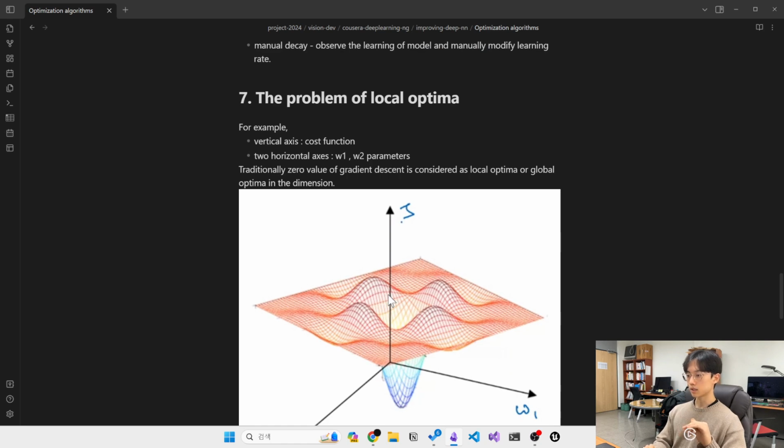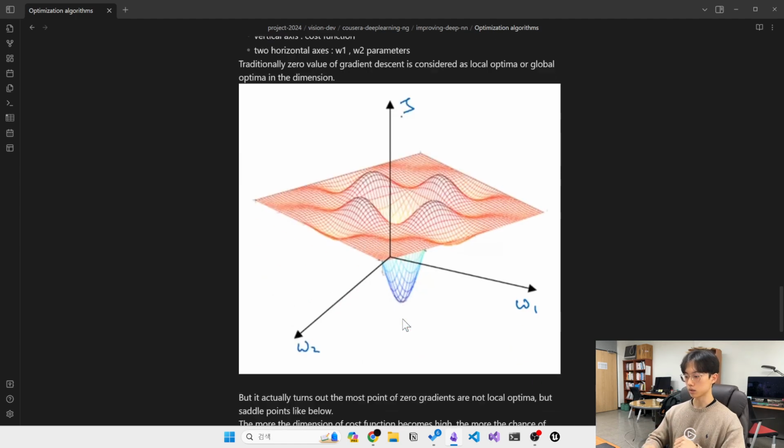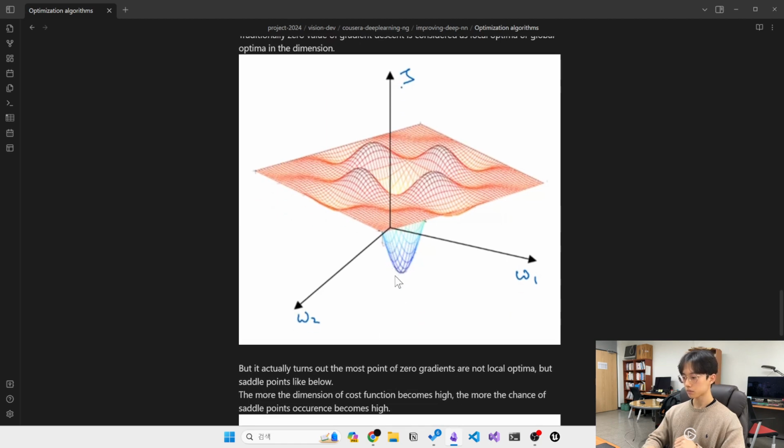And the last thing is the problem of local optima. Traditionally, a zero value of the gradient in the learning process is considered a local optimum or global optimum in a low dimensional cost function.